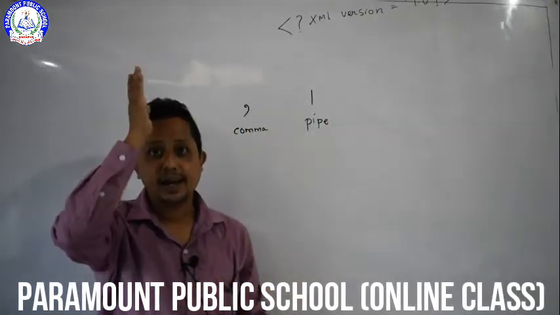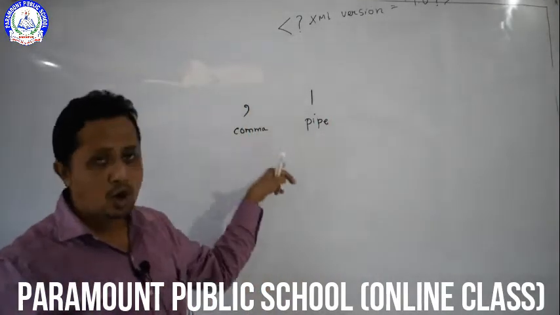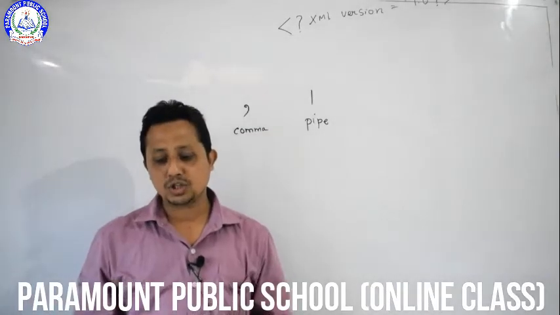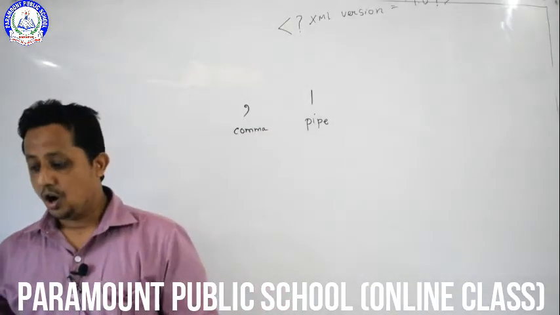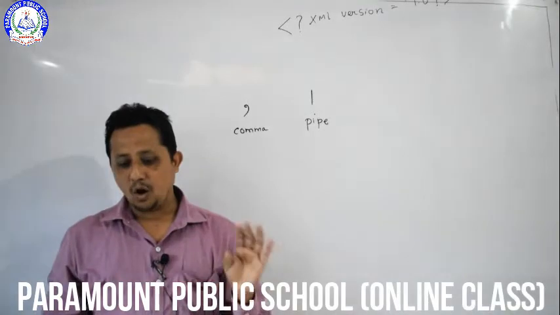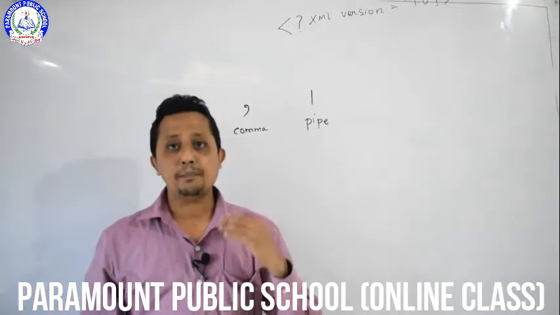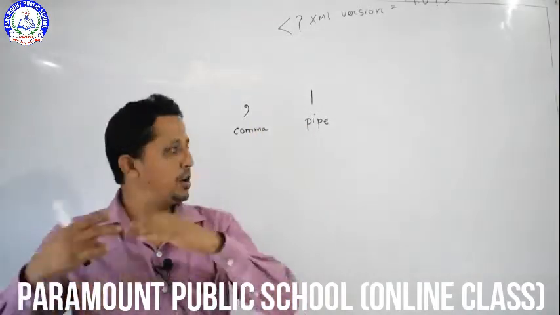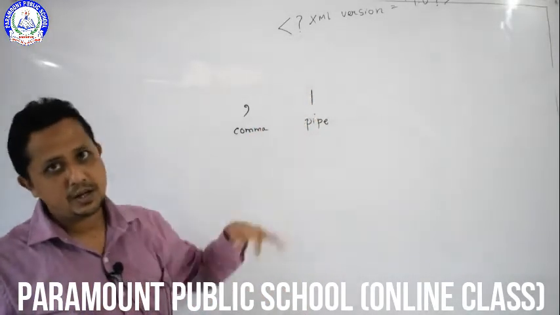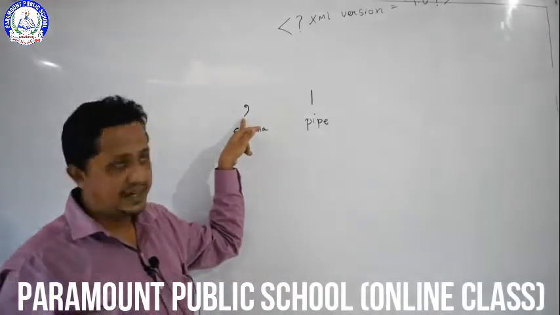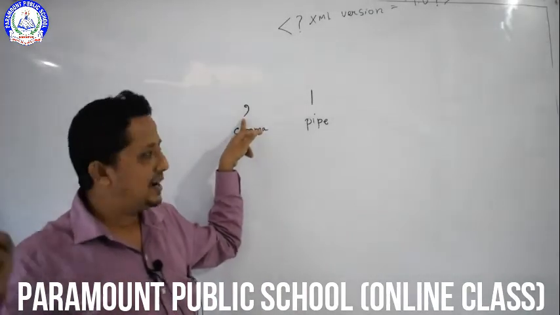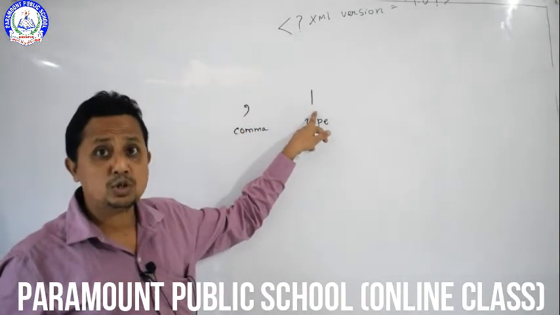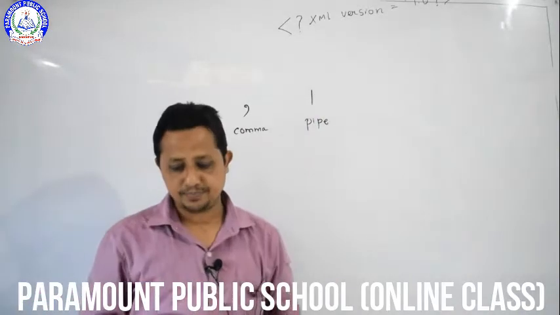Then pipe is used when the element may occur once or many times in any order. So it can occur one time or many times. We use pipe for any order, and comma for the declared order.